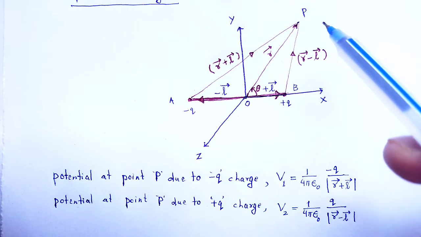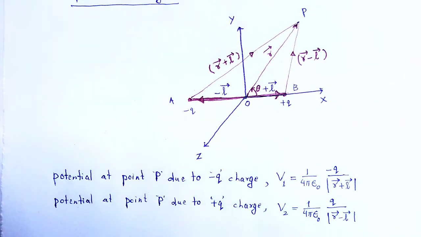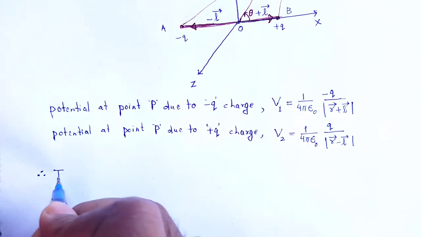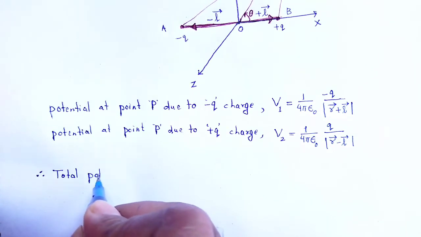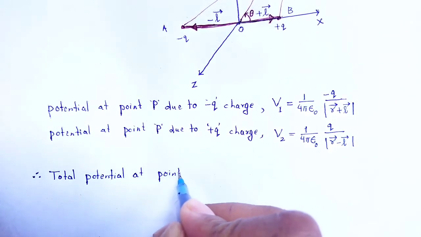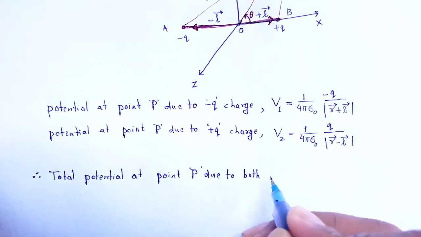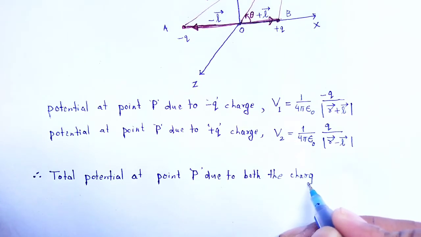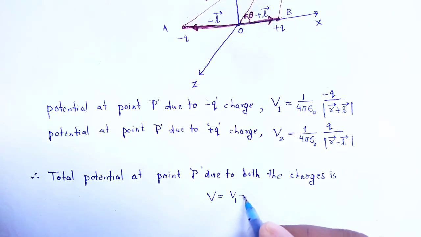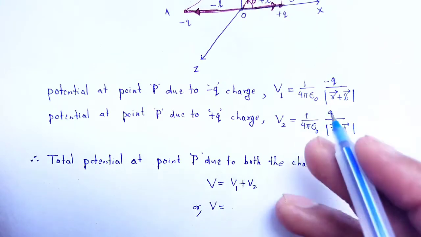Now, the total potential at point P due to both the charges, that means due to that dipole, is V equal to V1 plus V2.